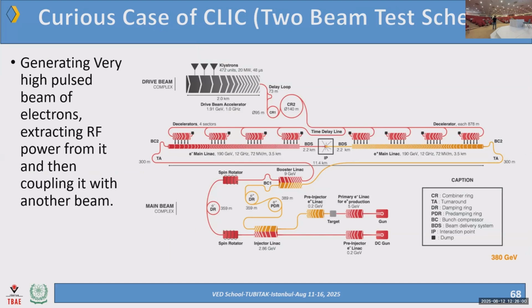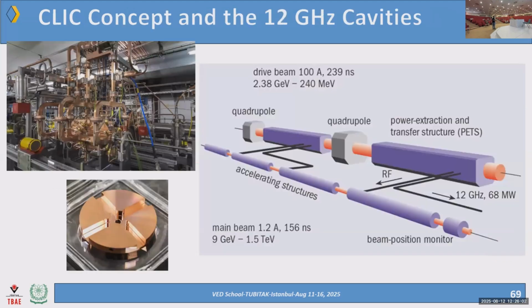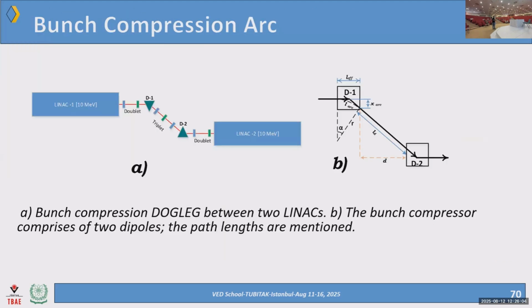How do we do it? We use chicanes, we use magnetic structures. What we do is that we take the beam from one LINAC and pass it through an arrangement of dipoles. The ones with higher energies will take a longer path.